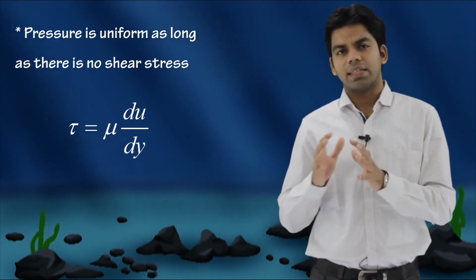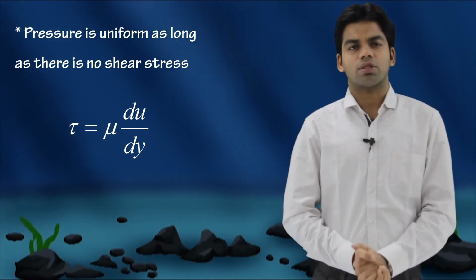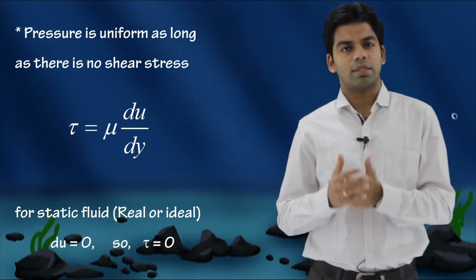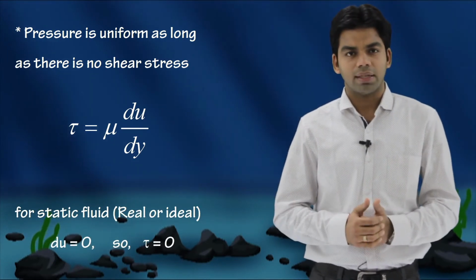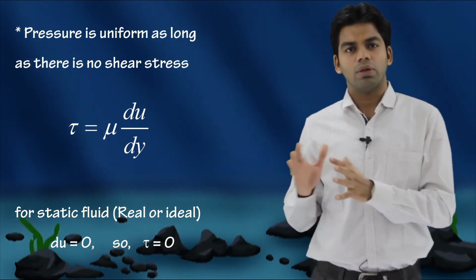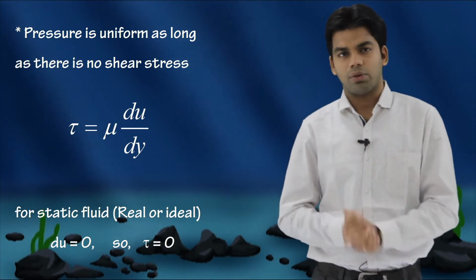Okay, now let us check the validity of Pascal's law under different conditions of fluid. For a static fluid, since tau is equal to mu du by dy and du is equal to 0, therefore tau is equal to 0, and this static fluid will obviously follow Pascal's law.